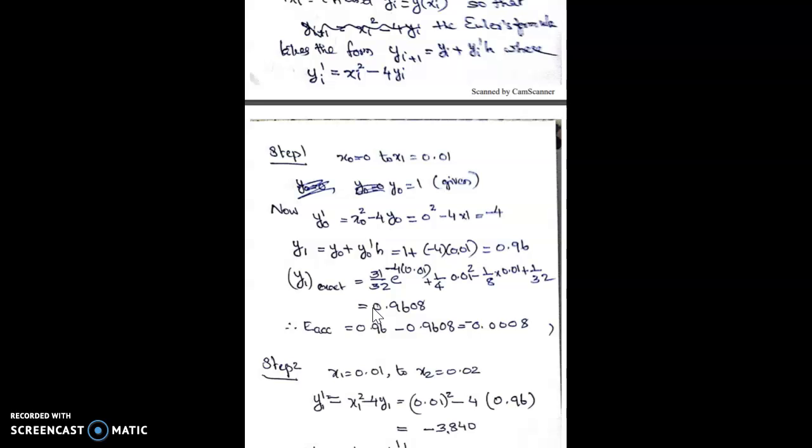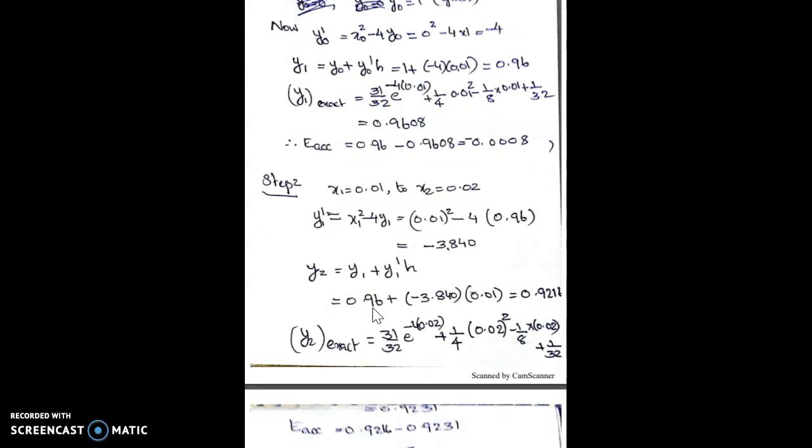Step 2: x_1 = 0.01 and x_2 = 0.02. And y_1' is given by x_1^2 - 4y_1 = 0.01 whole square - 4 into 0.96, which is -3.840. And y_2 = y_1 + y_1' h. y_1 is 0.96 and y_1' is -3.840 and h is 0.01. Simplifying, y_2 is 0.9216.